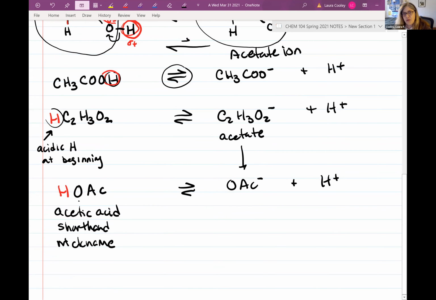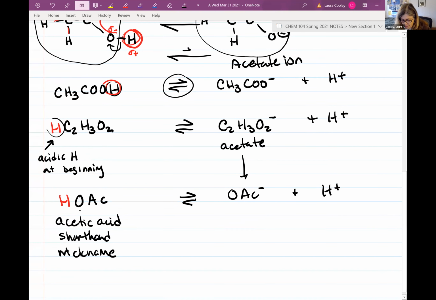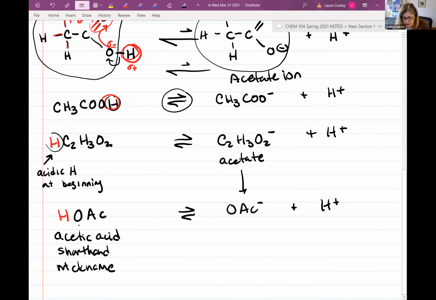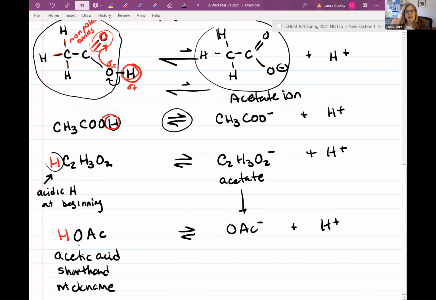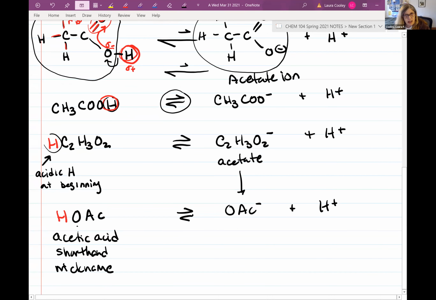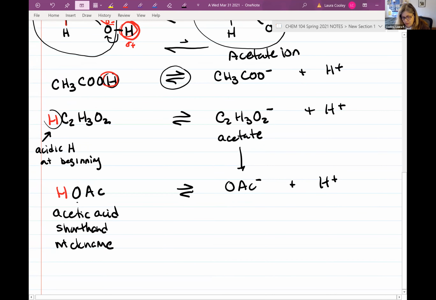So these are 4 different ways to write the exact same chemical reaction. And I just want to bring them to your attention because you'll see the way acetic acid is written in different websites, different books, and some of them use this notation, some use this, some use this.